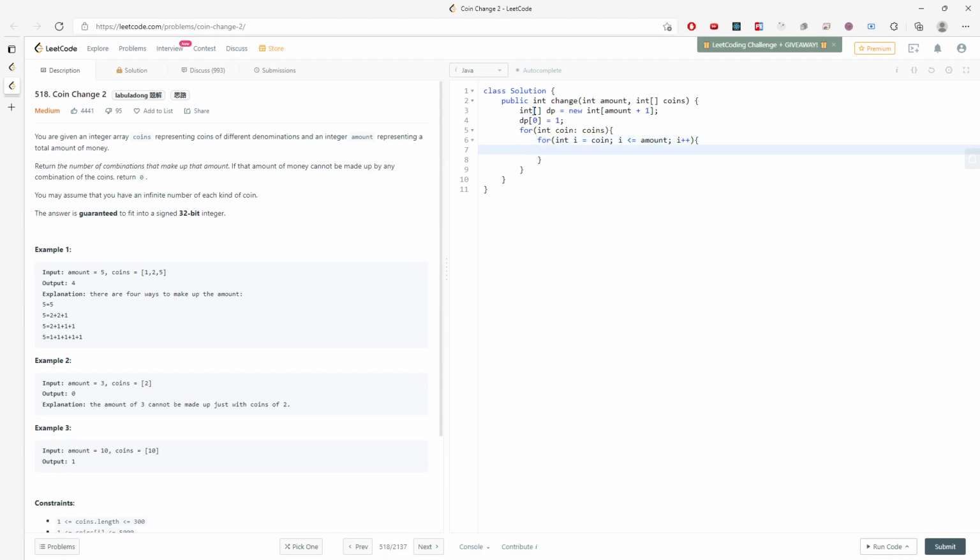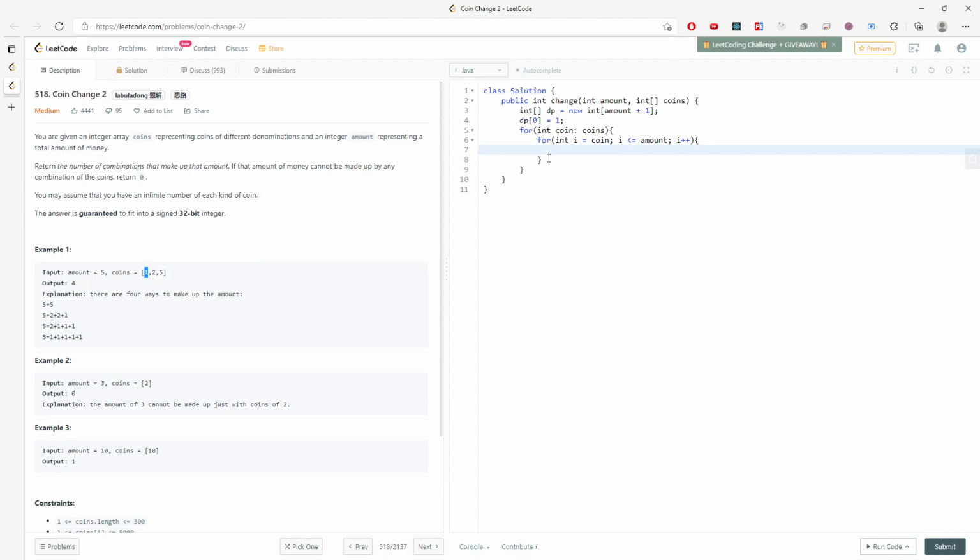Right. So let's not just write down what you should do in DP, but think about the logic. You're starting from the coin number. We already know dp[0], the amount 0, is the only one way. What happens if you have one coin, coin 1, for the amount 1? It should be one way, right?